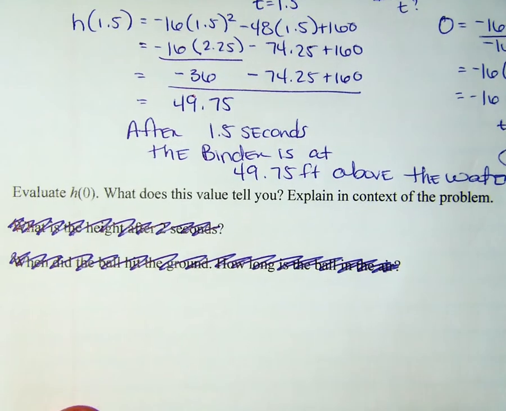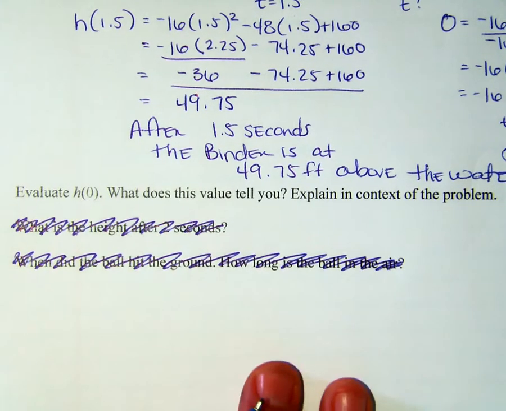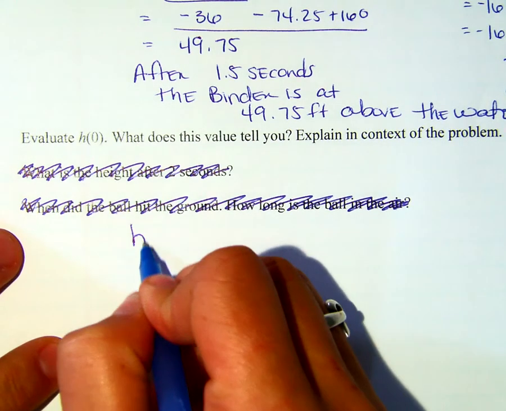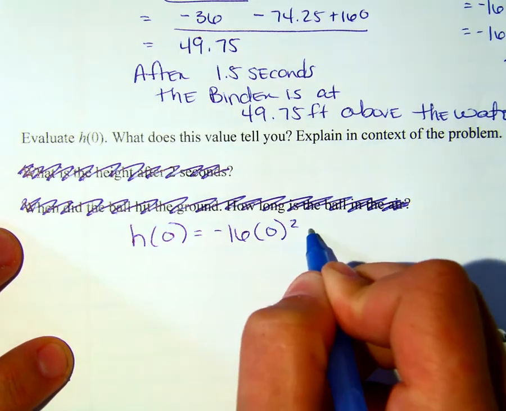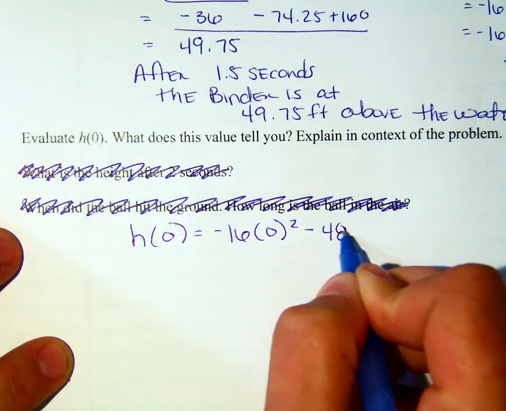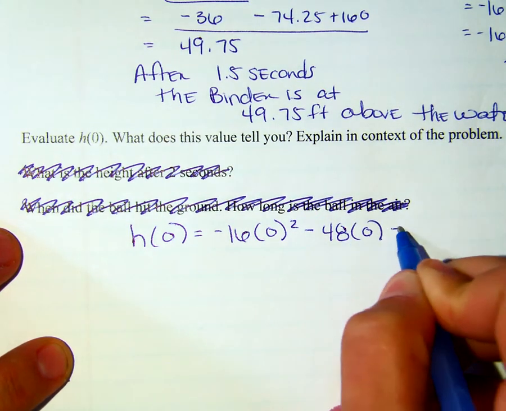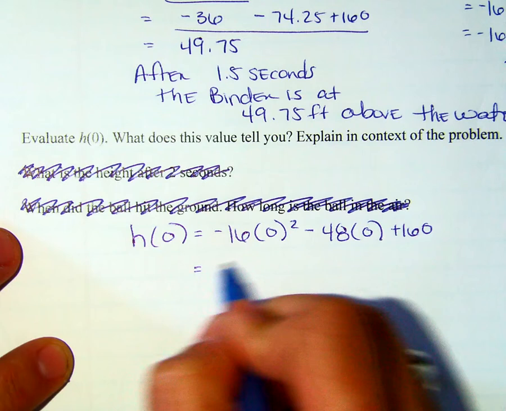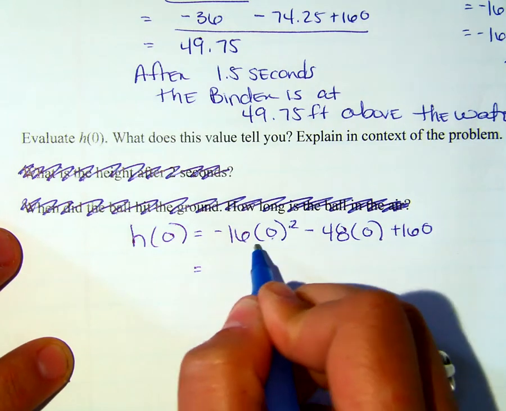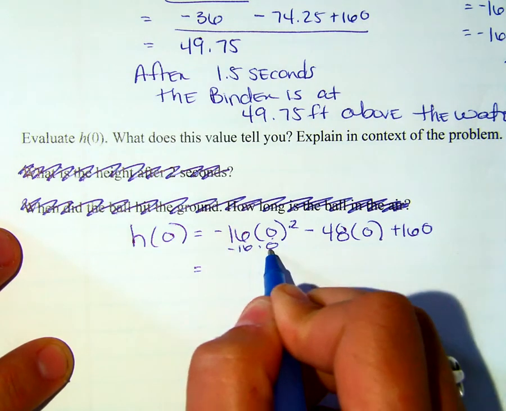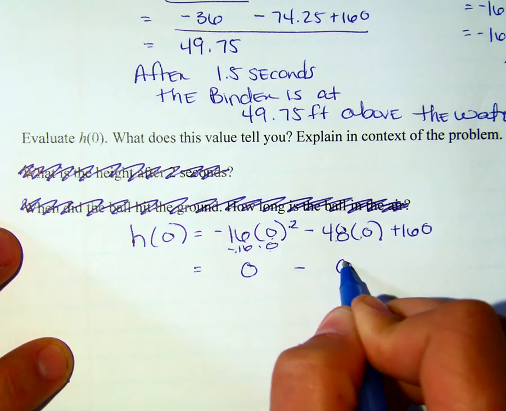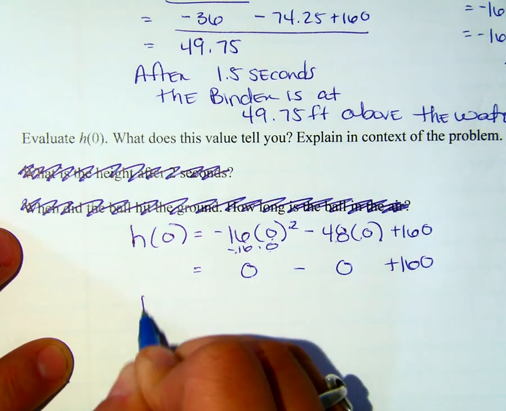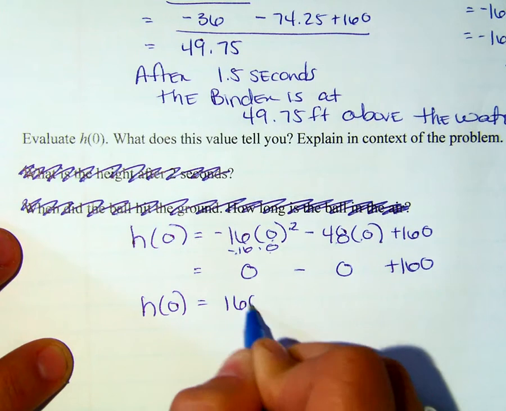Okay. One last one. We're going to evaluate h of 0. And so let's go ahead and do that quickly. H of 0 is equal to negative 16 times 0 squared minus 48 times 0 plus 160. Well, 0 squared is 0, and 0 times negative 16 is 0. 48 times 0 is 0, and so h of 0 is 160.